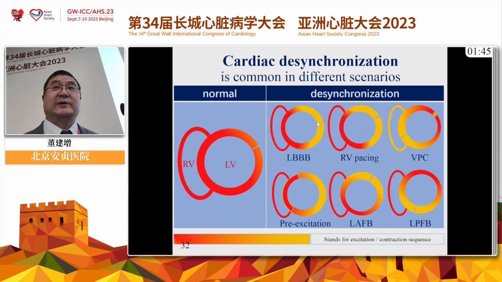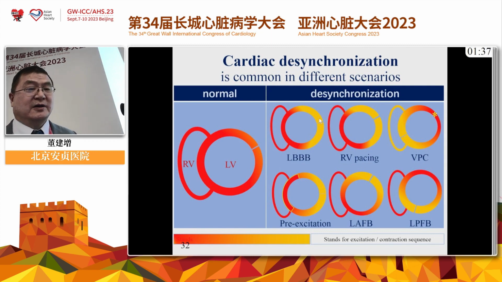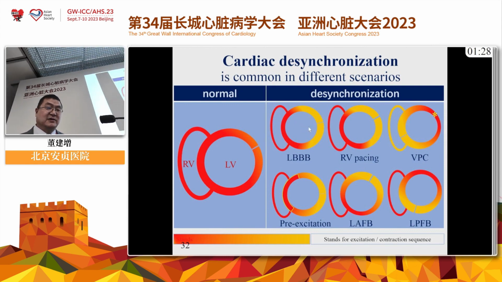Of course, where activation is early there will be atrophy, where activation is later the contraction is good, and the atrophy is less and less from the early activation to the latest activation site.